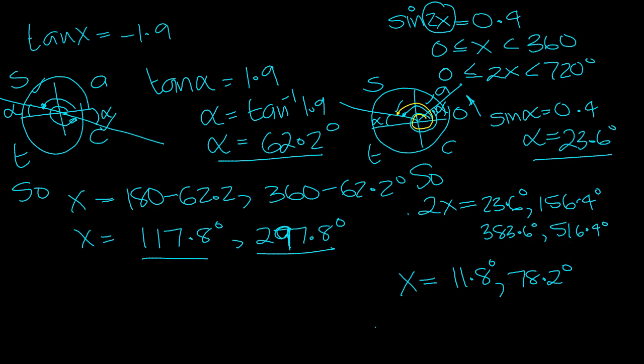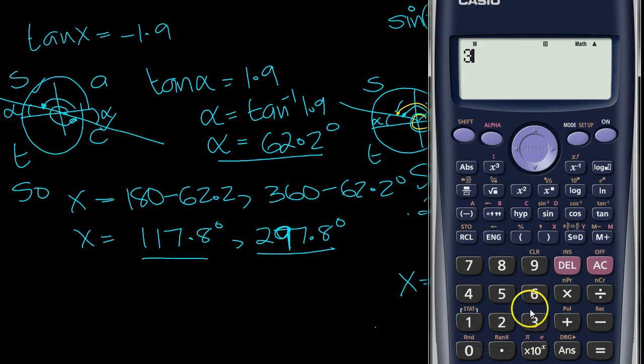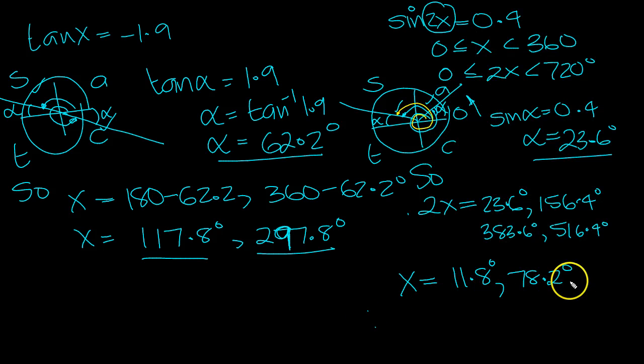And then we get 383.6 divided by 2, 191.8. And then the last one, 516.4 is 258.2 when you divide it by 2. So we've got 4 solutions.